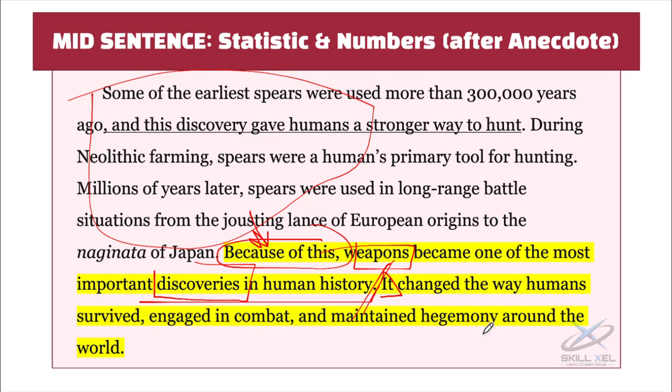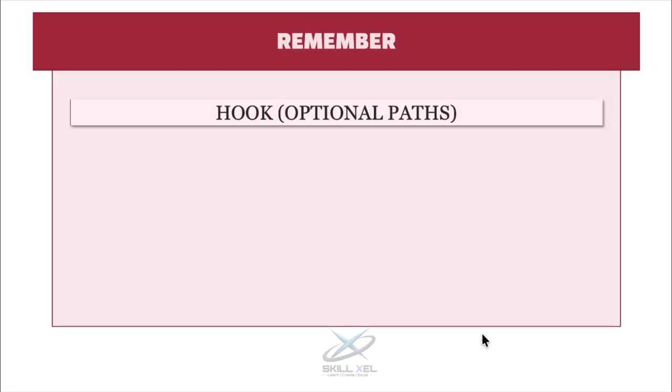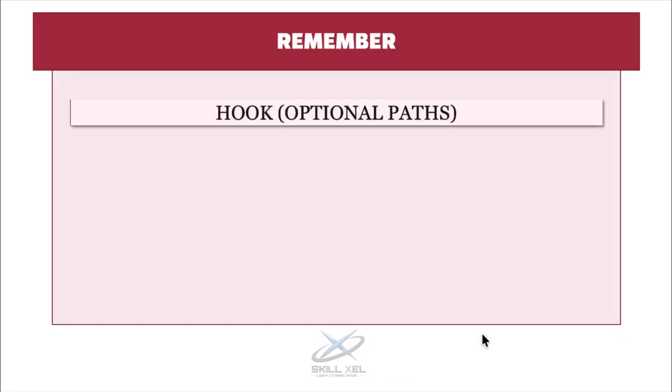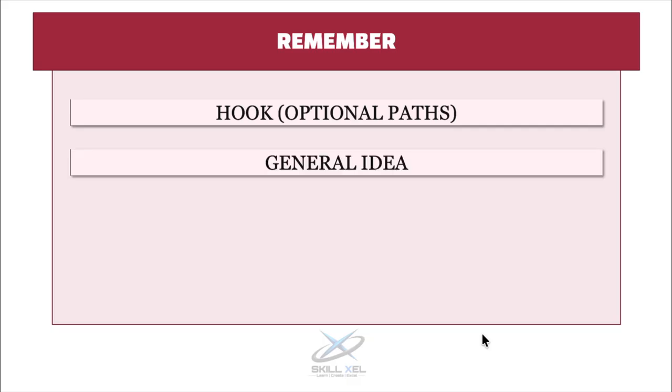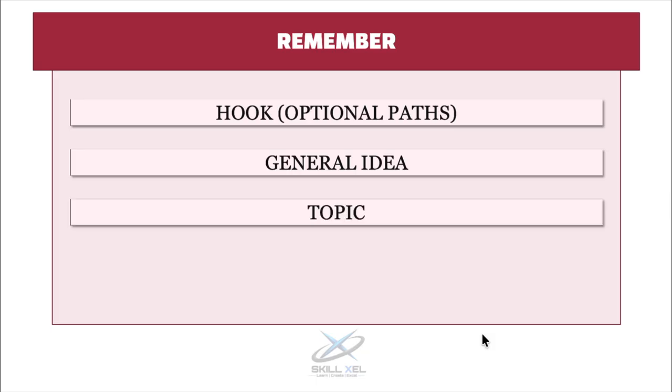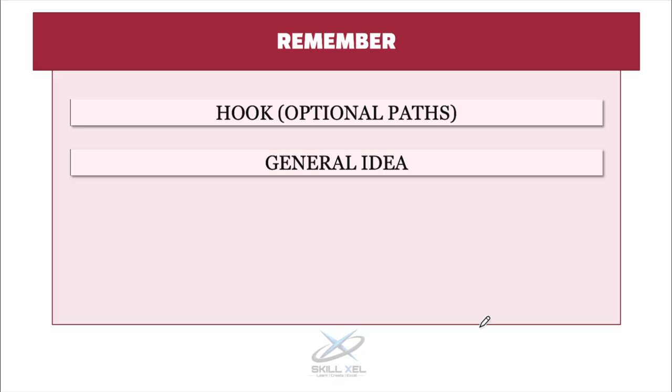So remember, when you are creating an introduction, you will need to understand your optional paths, right? You have different types of hooks that you can use, and then you need to get closer to that focus, right? That general idea. Okay. So once you understand that, you have your topic mentioned like you saw in the previous paragraph.